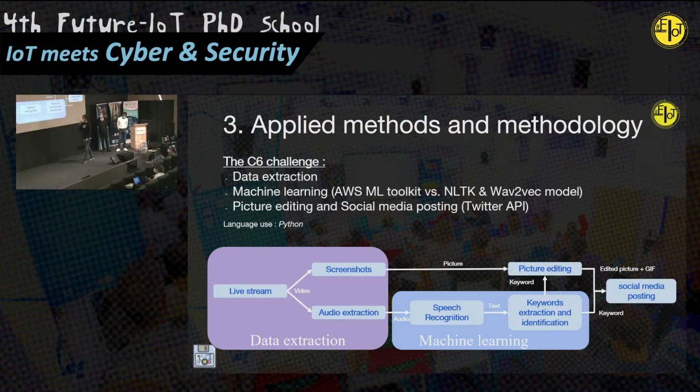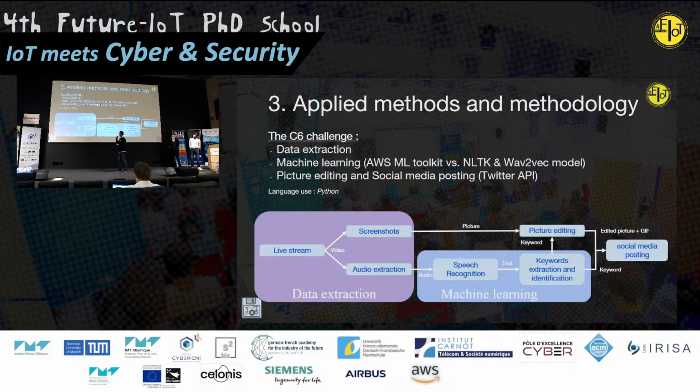As we can see here in the pipeline, we have the data extraction, which is done by me. We have the live stream. We first cut the video every 13 seconds, then extract the audio and the screenshot using the YouTube DL tool and FFmpeg. Then we pass it to the machine learning step, where we use two solutions.